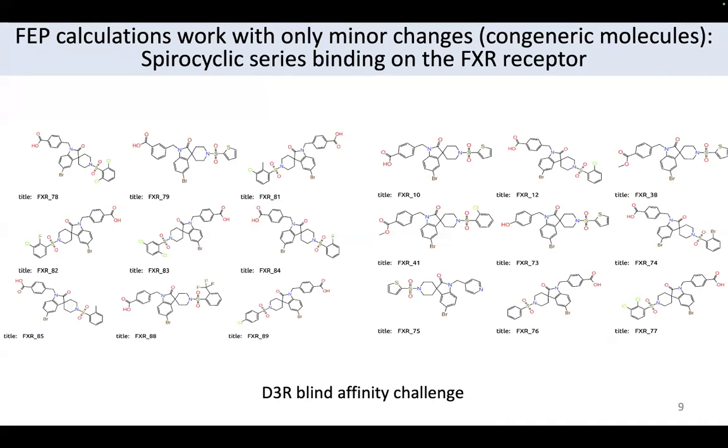We only had these molecules initially. And the organizers of this drug design data resource challenge, or D3R, asked us to produce the difference of how these compounds would bind on FXR based on a parent compound. And that was the task.